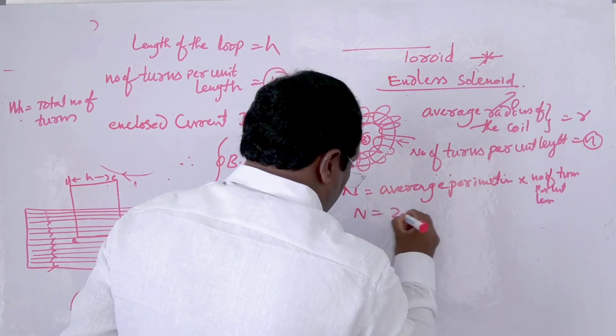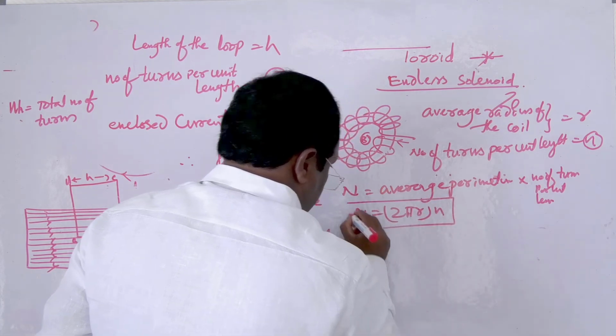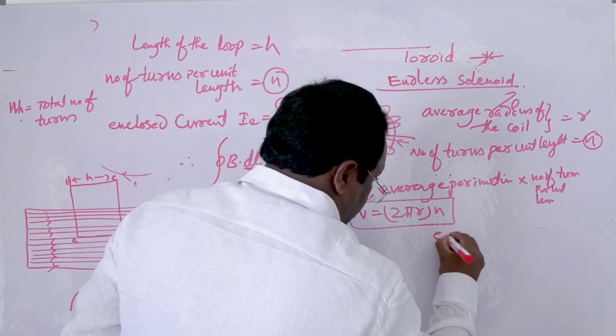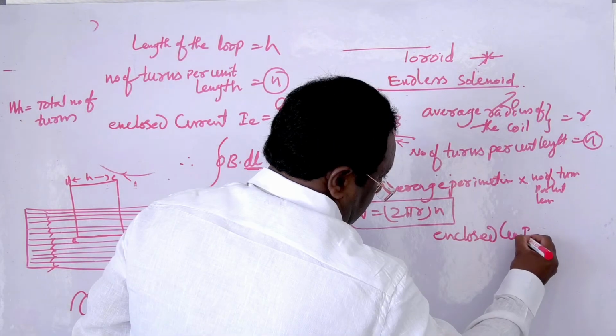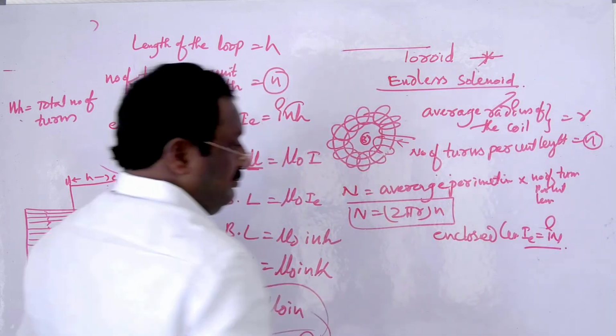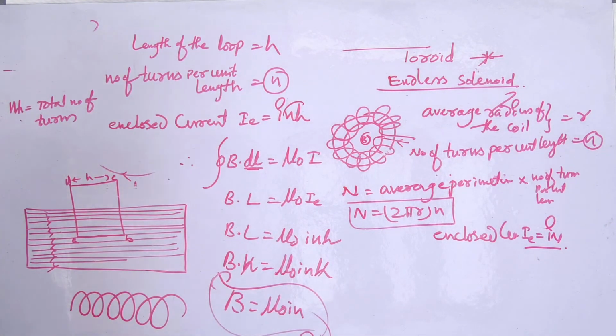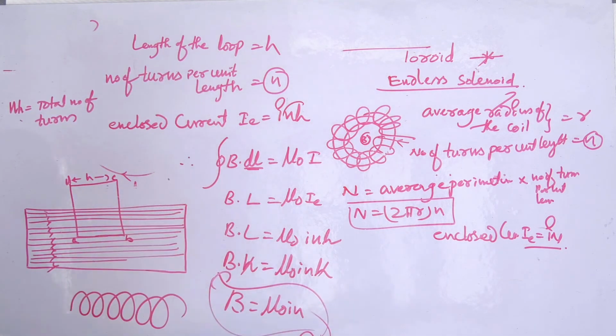N is equal to 2 pi r into n. Now we write the enclosed current: I into N. The current flowing through the toroid, how can we write? I into N, where I is the current and N is the number of turns.